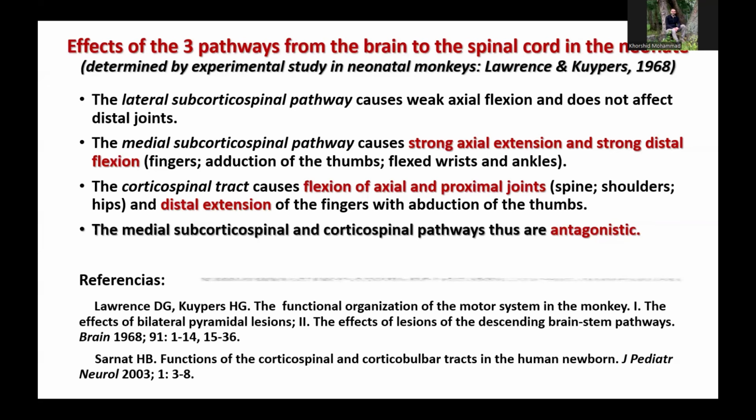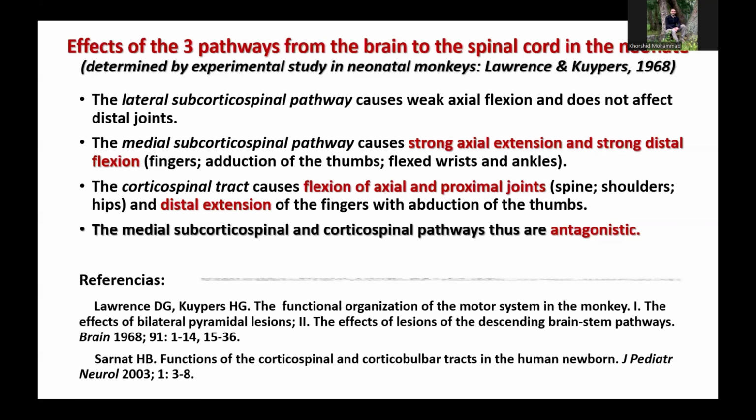The medial subcorticospinal pathway causes strong axial extension that would include the spine and shoulder and hip girdles, and strong distal flexion, which would be the fingers, adduction of the thumbs, wrists, and ankles.